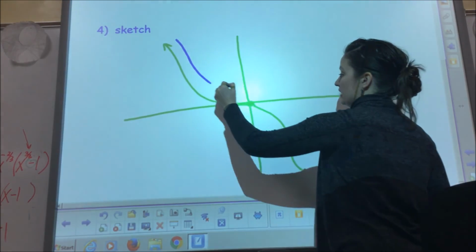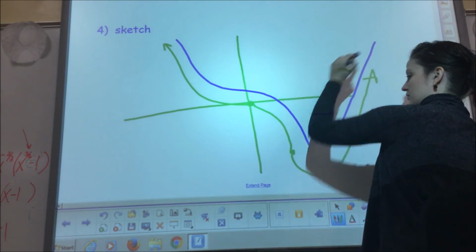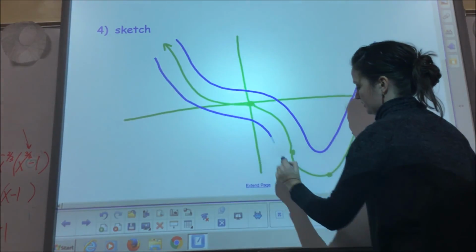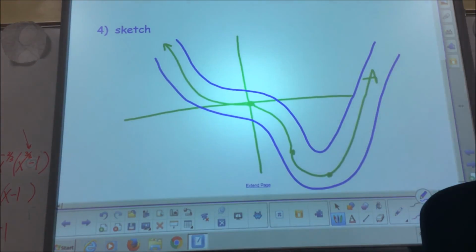It could also look like this. It could also look like this. How many possible graphs are there of this? Infinitely many. What is true graphically about them?